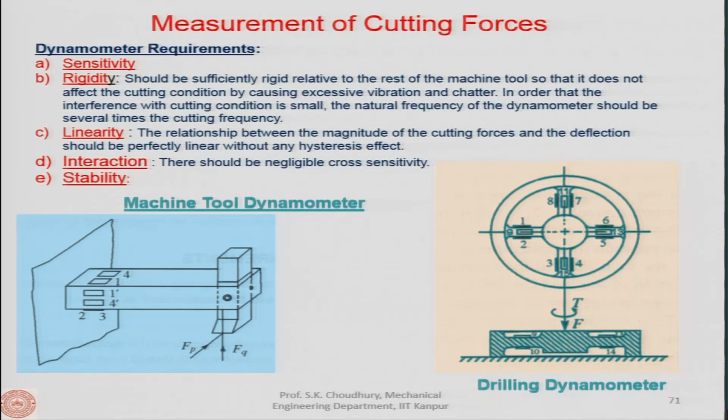Let us say we are talking about turning. In case of turning, the dynamometer will be placed on the tool post, and the tool will be attached to the dynamometer. And of course, you understand the tool will be hanging in that case, and we will see that the dynamometer then will be made of the cantilever beam type.